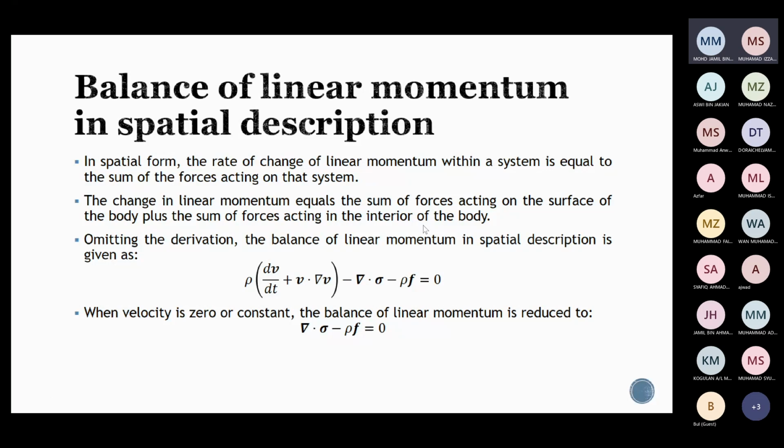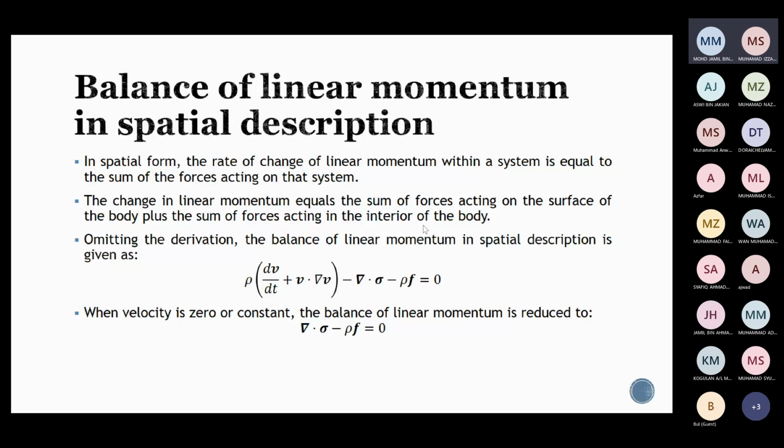So you have to consider the external forces applied on that body, as well as the forces in between the particles. Okay, so there are two sources of forces. So these forces will equal the rate of change of linear momentum.